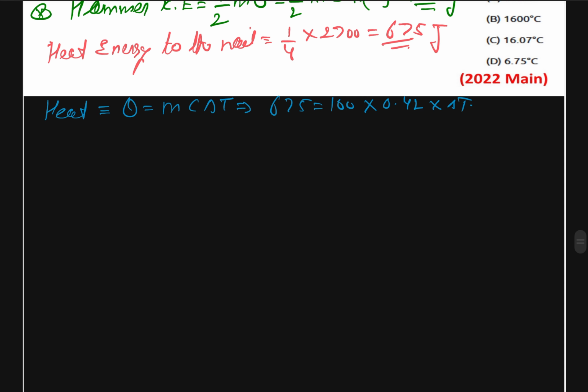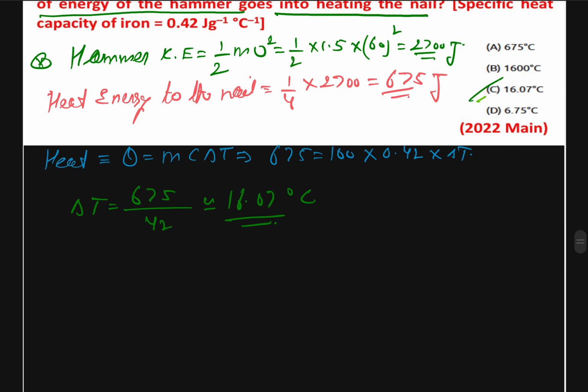So delta T is equal to 675 divided by 42, which is approximately equal to 16.07 degree centigrade. Option C is correct.